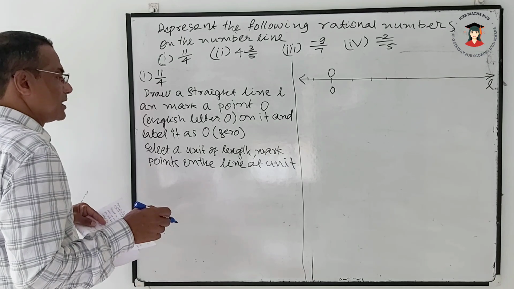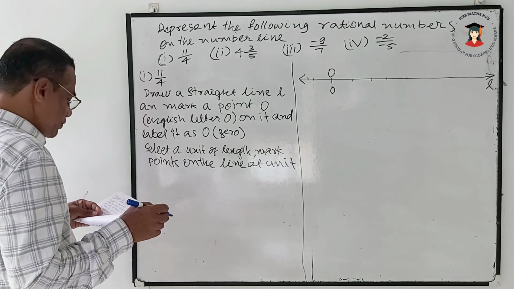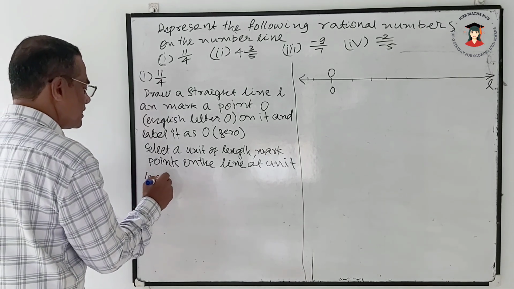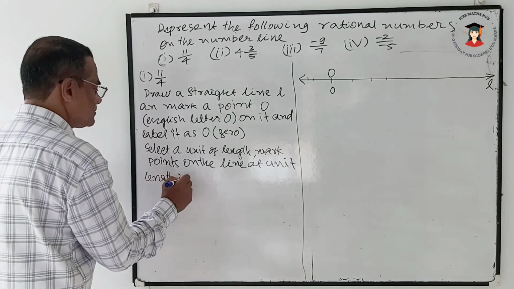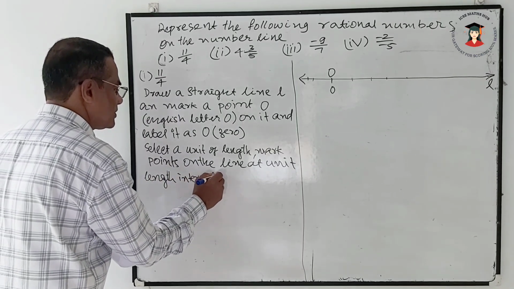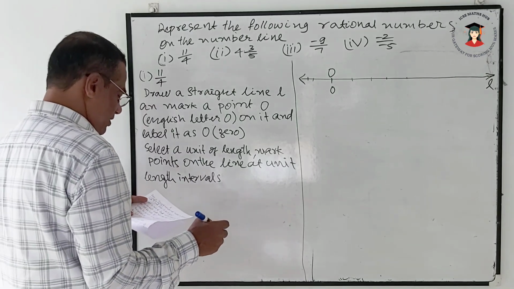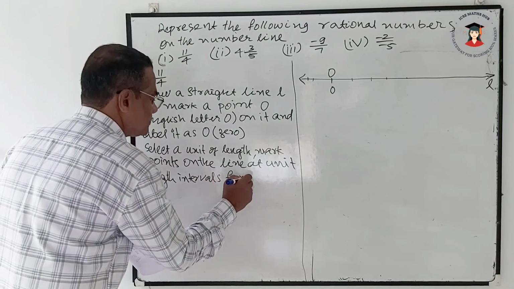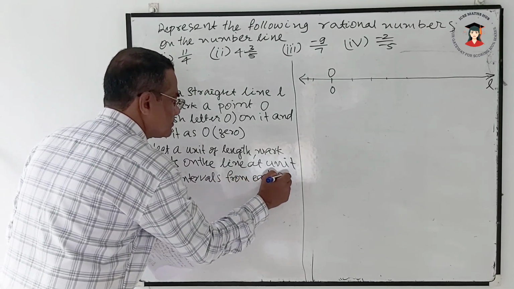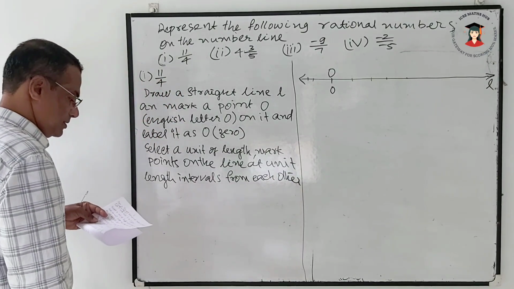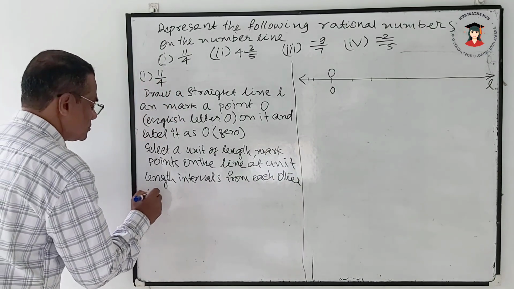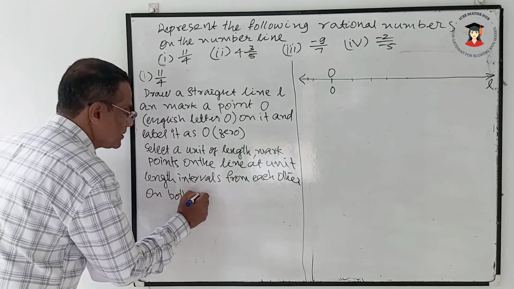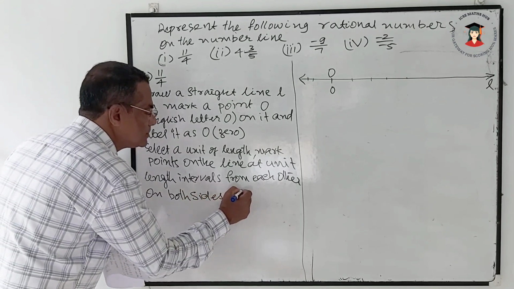Select a unit length, mark points on the line at unit length intervals from each other on both sides of 0.